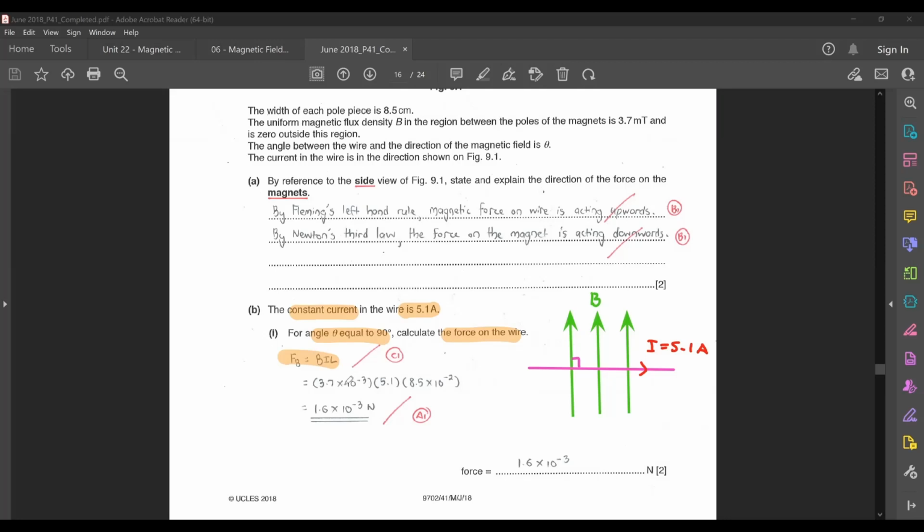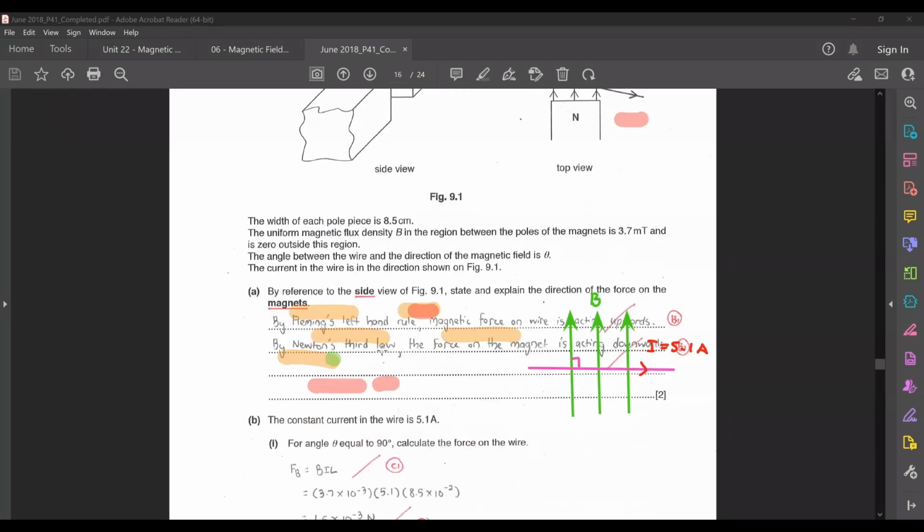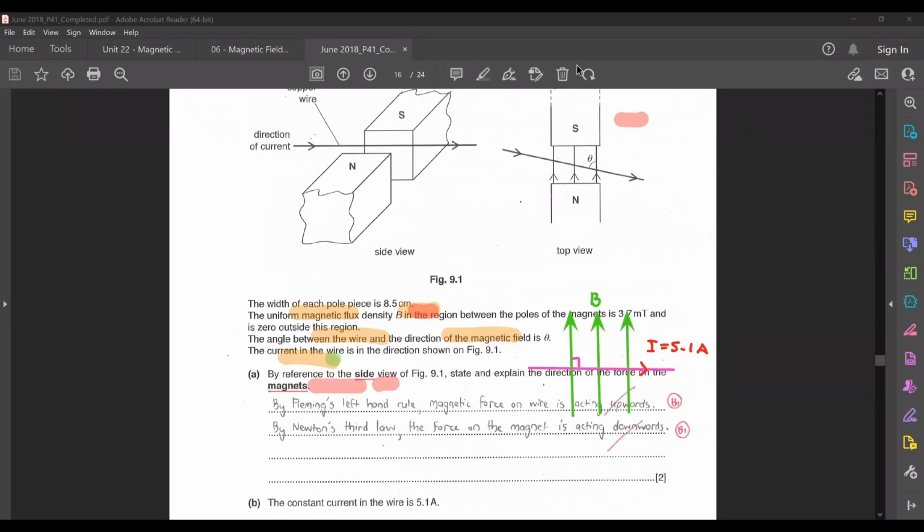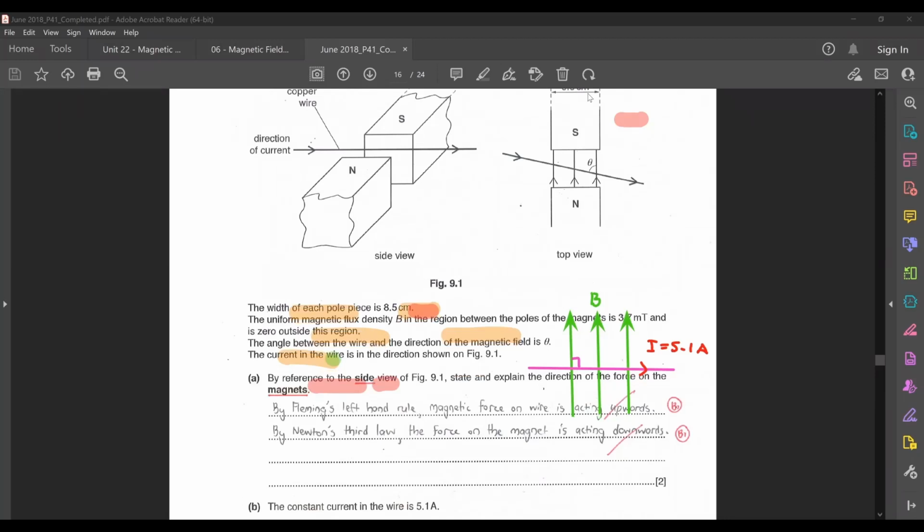So right now your B is going to be 3.7 millitesla, change out the milli. Your current is going to be 5.1 amps. And then lastly, your length. This one you need to be careful a bit. This one, as I mentioned to you, must be the length of the wire inside the magnetic field. So you look at the diagram that you had above, that length by right should have been this particular length here.